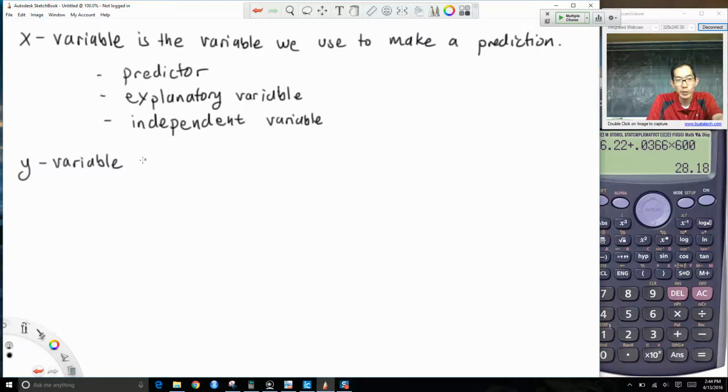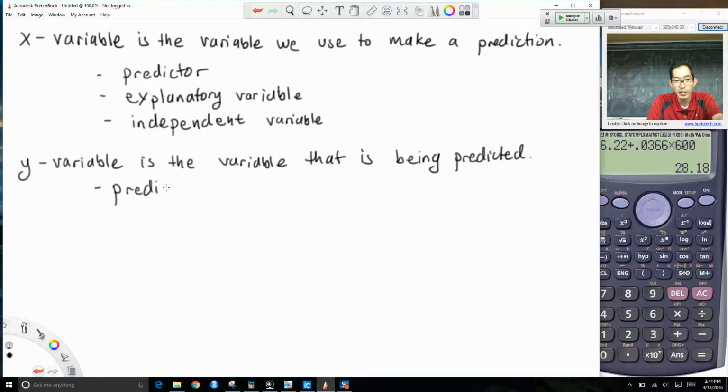The y variable, on the other hand, is the variable that is being predicted. Okay, and so we will say this is the predicted variable.